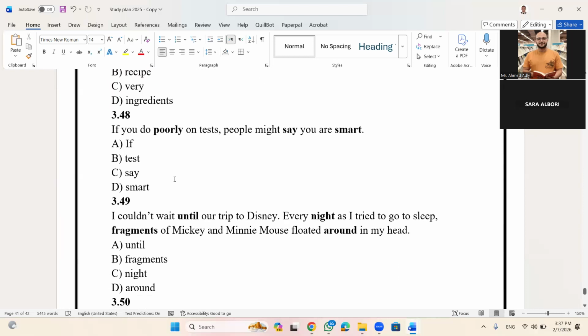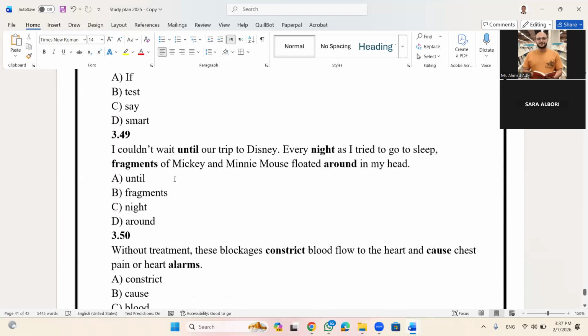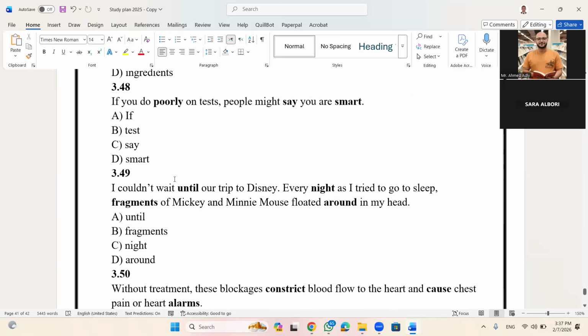If you do poorly on tests, people might say you are smart. So make your narrative. Replace it if you have to. But I'm sorry, poorly is not in the options here.